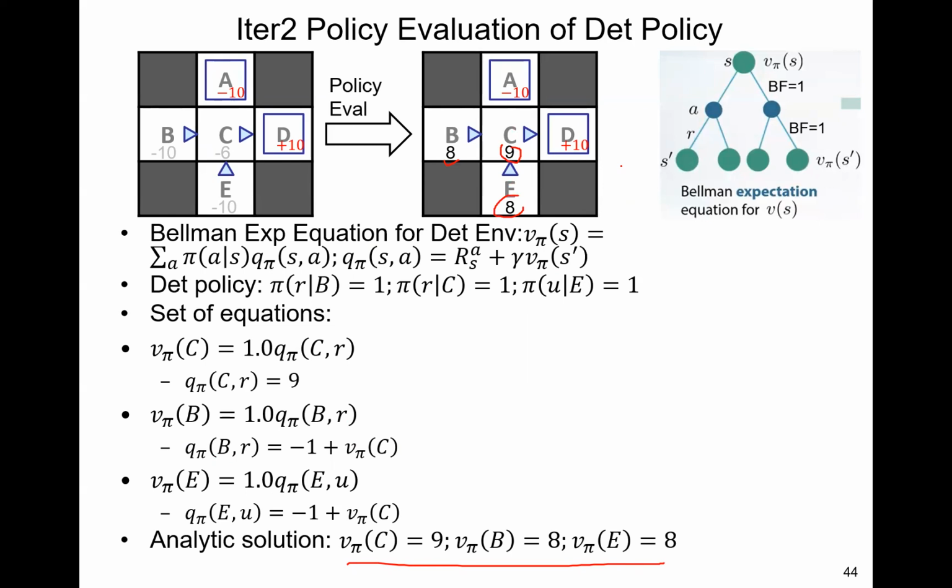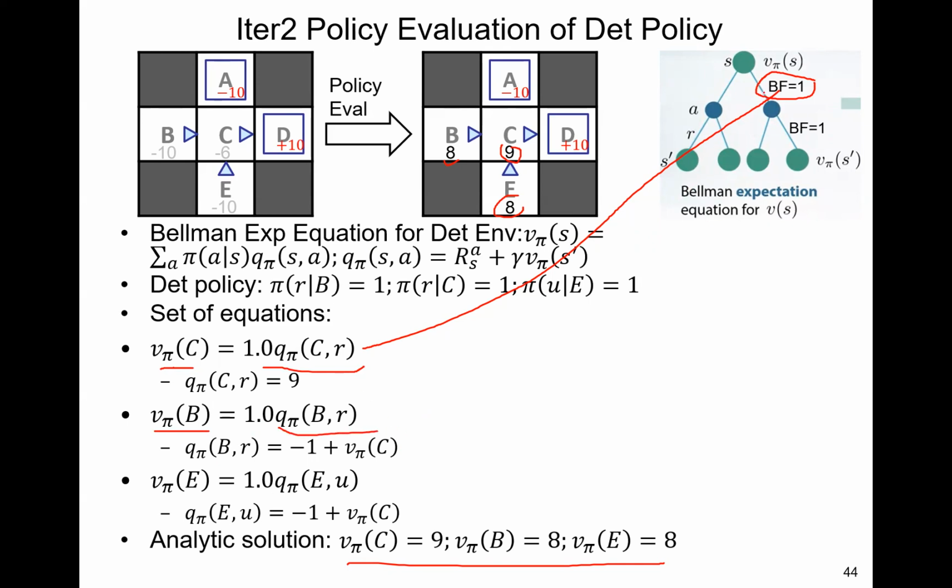Now, because you have a deterministic policy, the branching factor is 1. So this corresponds to each V being expressed in only 1 Q value function. From C, you only have 1 choice of going right. From B, you only have 1 choice of going right.